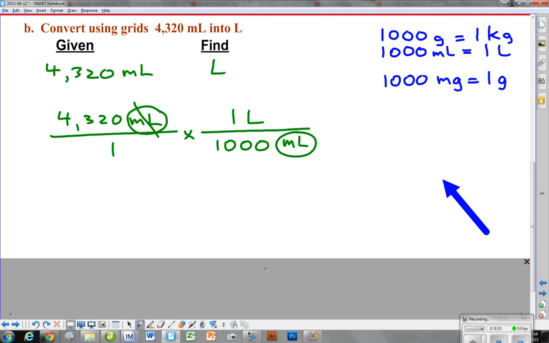And that gives us the only thing left as liters, and then all we have to do is pop our calculator, or you should know that this is going to be 4.320, and that's not mils, whoops, that's going to be liters. Okay, and that's our answer to that one. All right, let's move on.